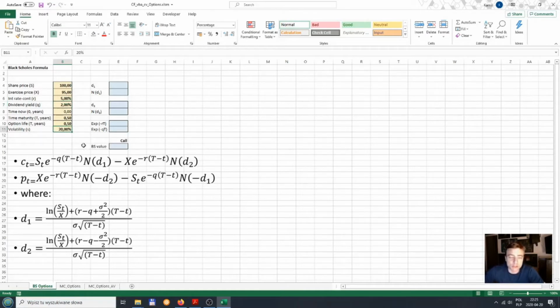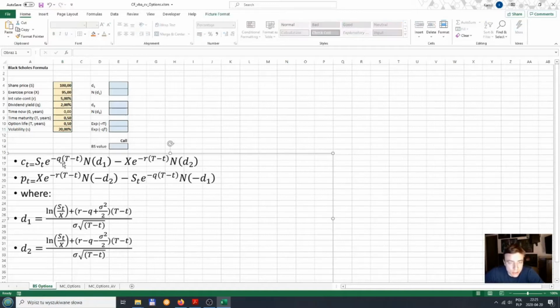In order to calculate the price of a call option, we need to start with checking assumptions and checking current values. So what we want to know is the current price, so this is equal to 100. Then we have this base of natural logarithm to the power minus q, so this is discounting with the dividend yield.